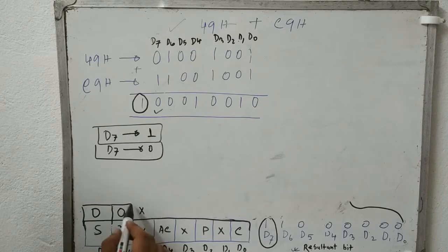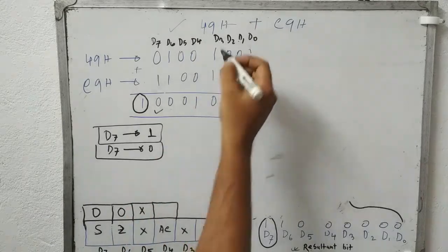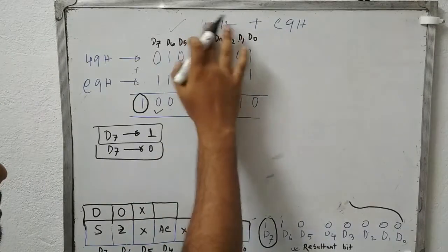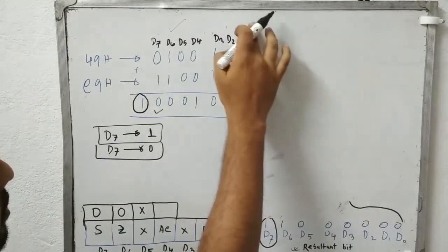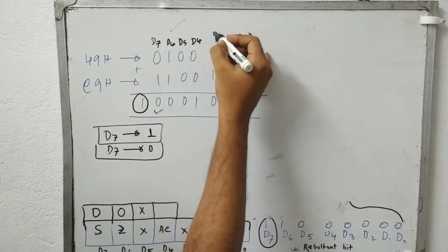Now this one is a don't care. And the auxiliary carry: is there any auxiliary carry in this operation? If you look at D3 to D4, was there any carry passed on to D4?